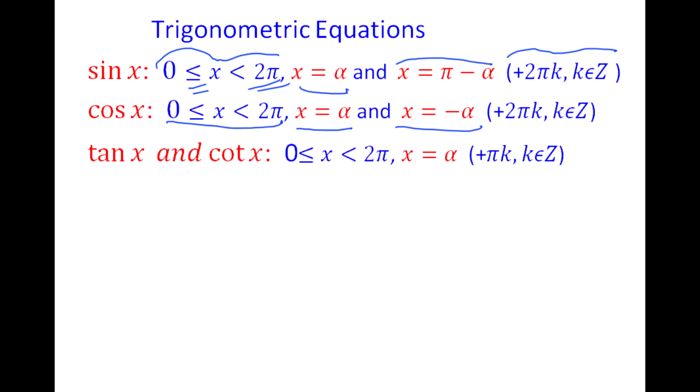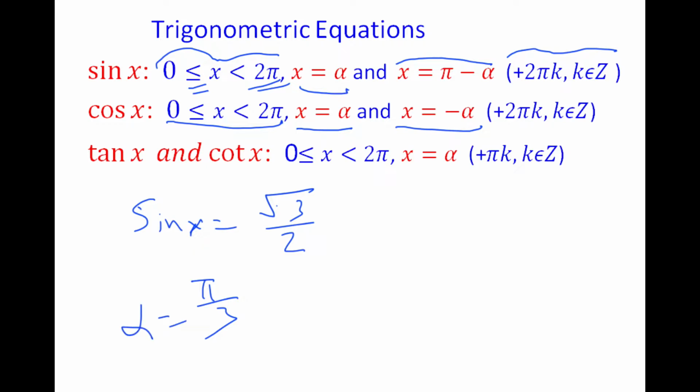Well, what do I mean by writing those? Let's say we solved the question and we found out that sine x is square root of 3 divided by 2. So in this case, x is 60 degrees, right? Or 60 degrees is pi divided by 3. So in this case, alpha is going to be pi divided by 3, guys.